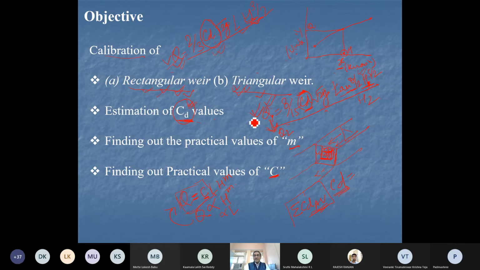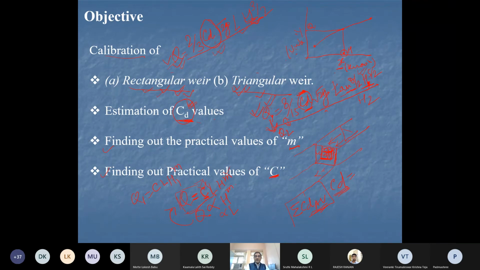So for each observation, Q1, H1, Q2, H2, we need to use these observations to find out the practical value of C and m for these two weirs. This is the next two objectives of our learning. So how can we do that? We have Q1, C is constant, L is same, H1 is there, and m is constant.